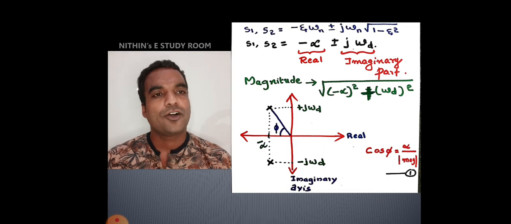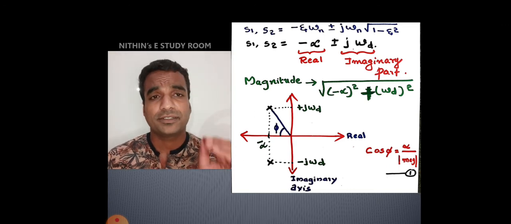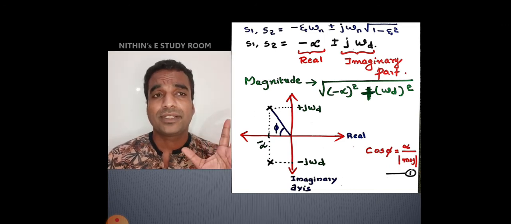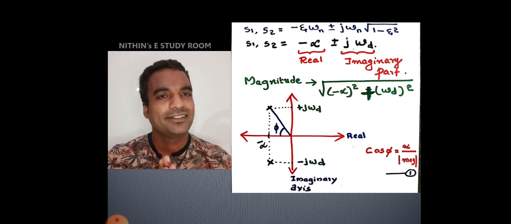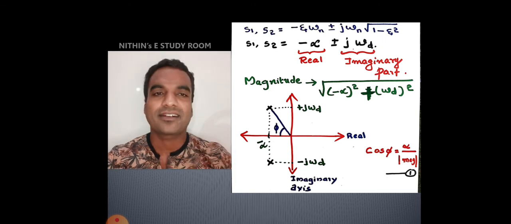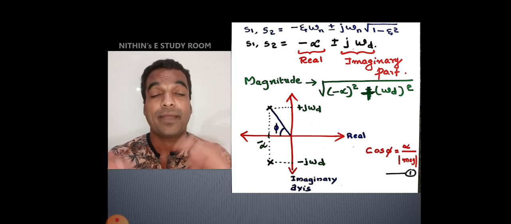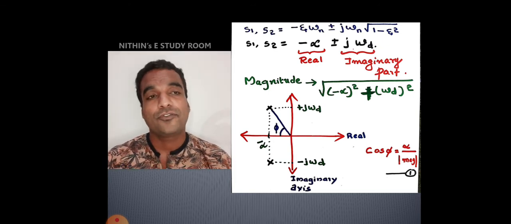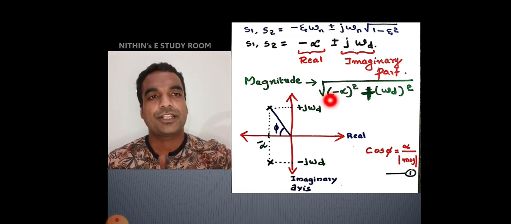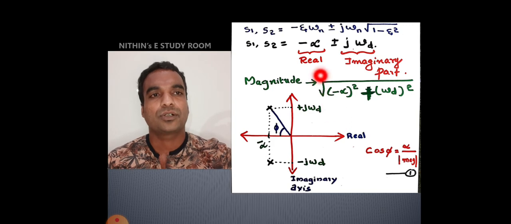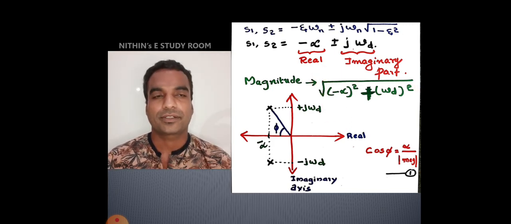Now I have marked some important things. Now it is a system with real and imaginary parts, like the example of resistance and reactance. You have to find the magnitude and the angle. For finding the magnitude, you take the square root of the squares of the real part and the imaginary part. So the magnitude is the square root of minus alpha square plus omega d square.